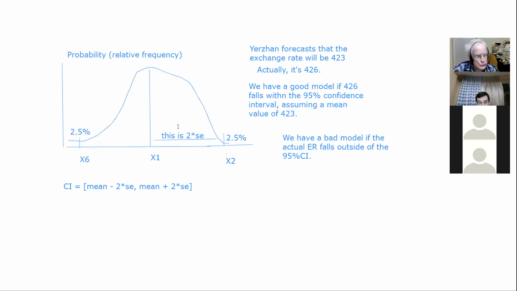And the same thing on the left-hand side from the mean of X1.